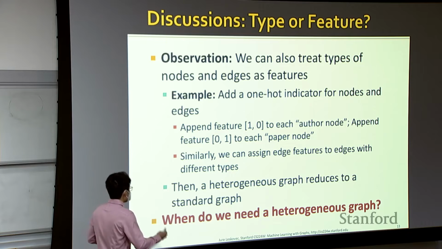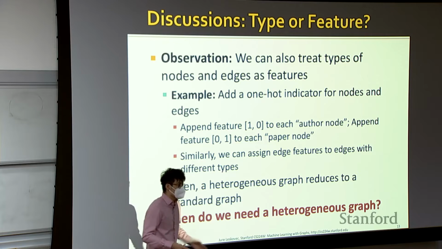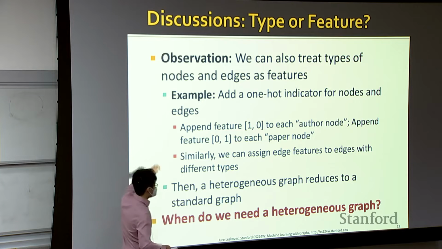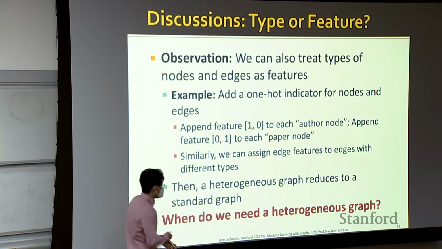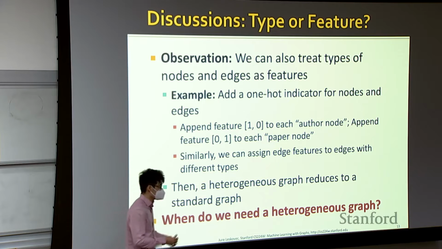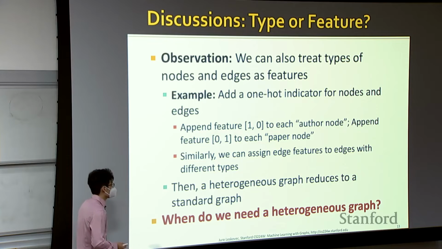Our observation here is that instead of associating nodes and edges with different types, we can consider them as different features. A simple example is that we can use a one-hot indicator to represent the types of nodes and edges as additional features.